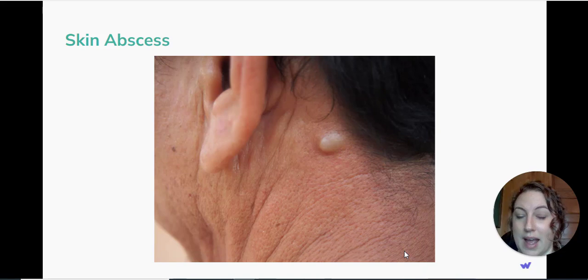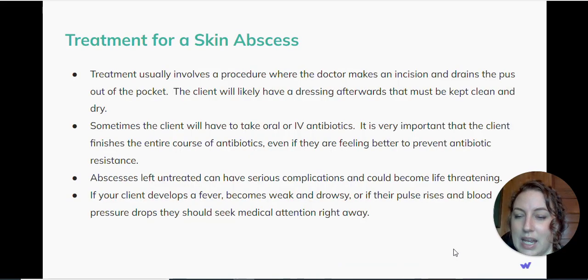This can be what an abscess may look like. Treatment usually involves a procedure where the doctor makes an incision and drains the pus out of the pocket. The client will likely have a dressing afterwards that must be kept clean and dry. Sometimes the client will have to take oral or IV antibiotics.